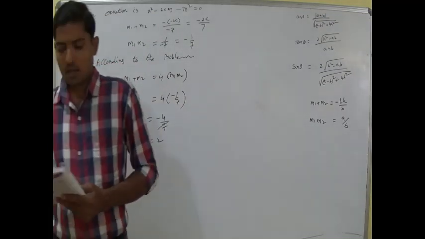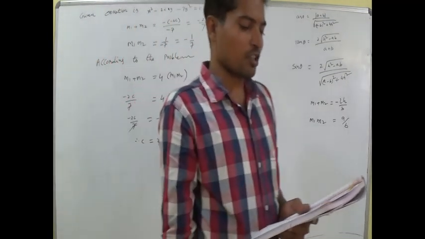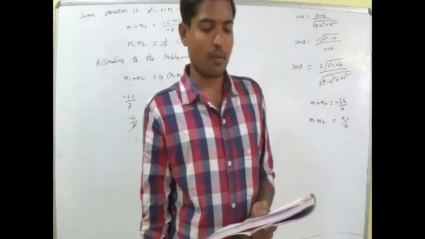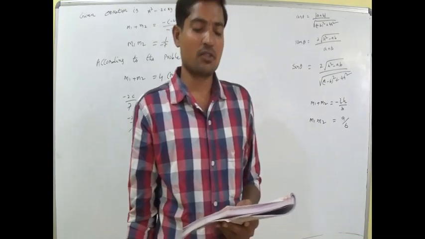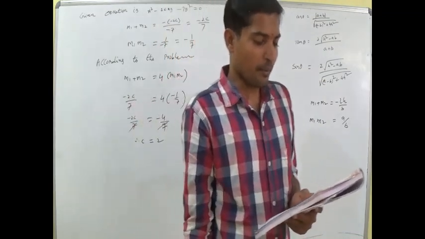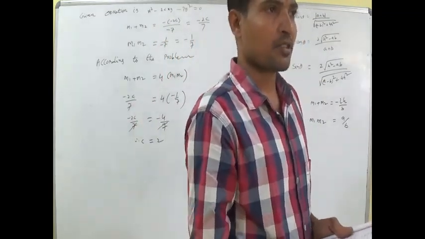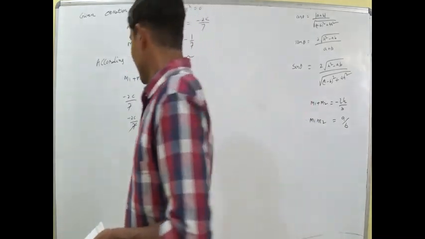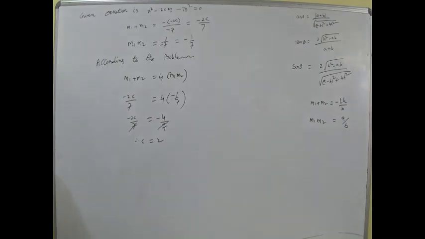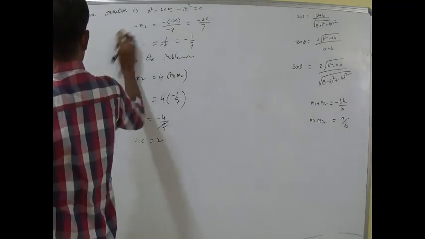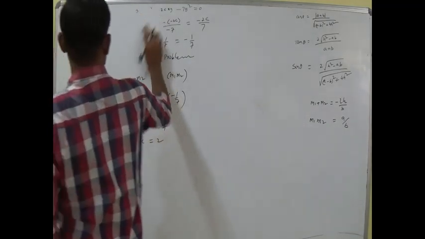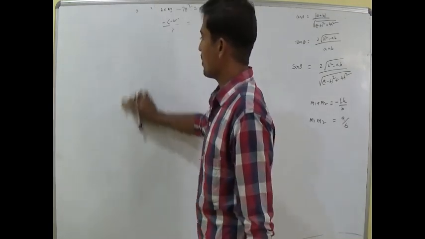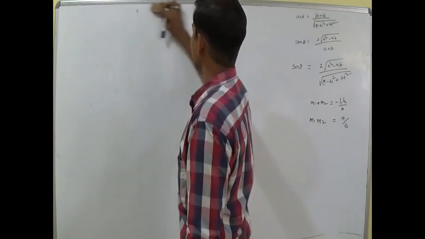Next, if m1, m2 are the slopes of the lines 3x square minus 8xy minus 3y square equal to 0, then what happens? This is a multi-correct answer problem. Multi-correct answer means how many possibilities are there? So many possibilities we have to do.